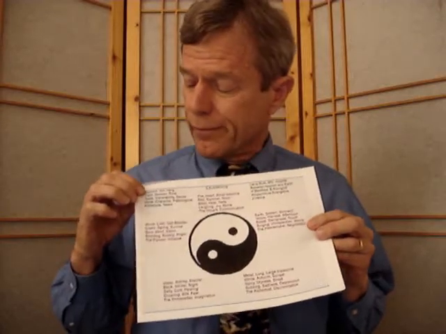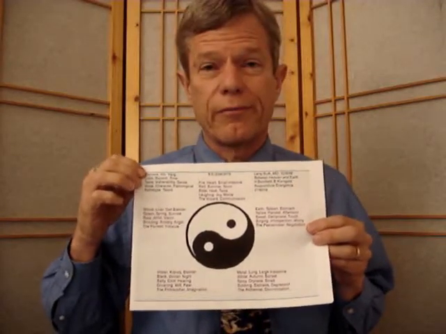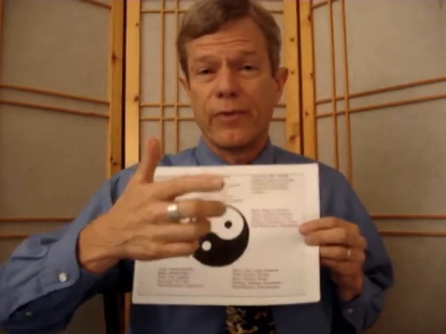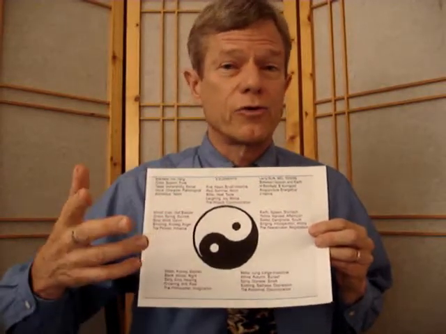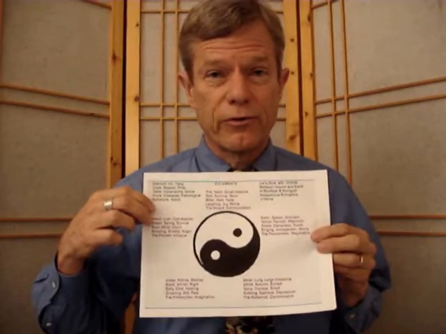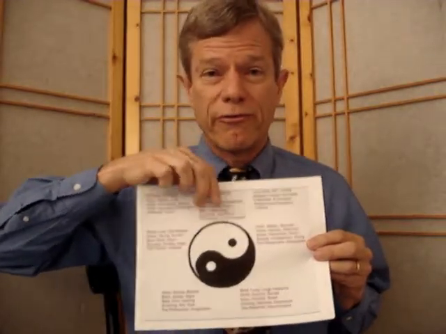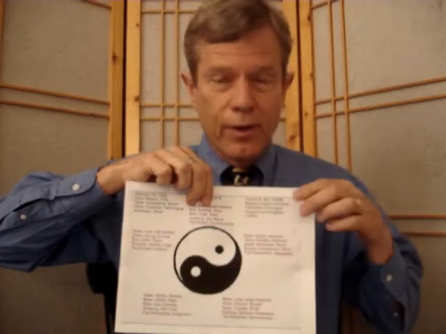So the particular chart is laid out as a Chinese cycle of transformation, where you have the water element in the winter nurturing the wood that grows in the spring season. The wood burns into fire during the summer.